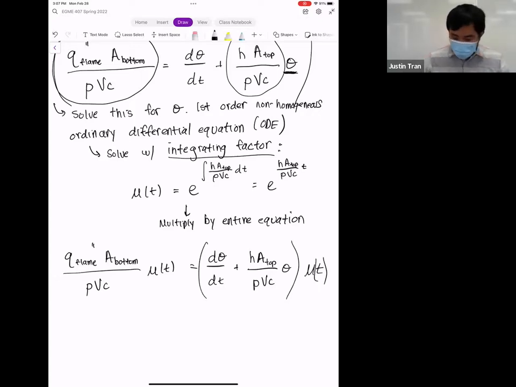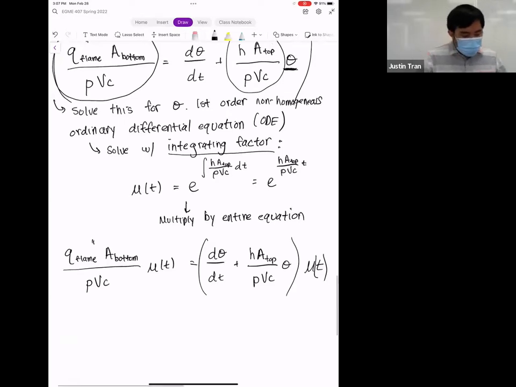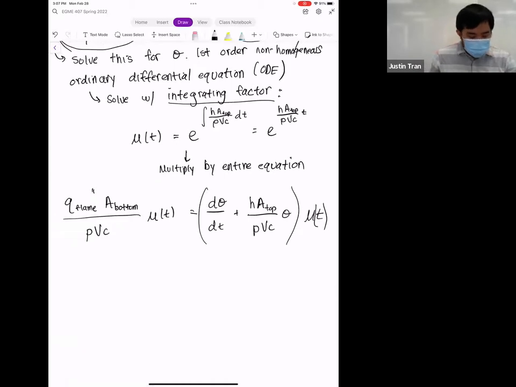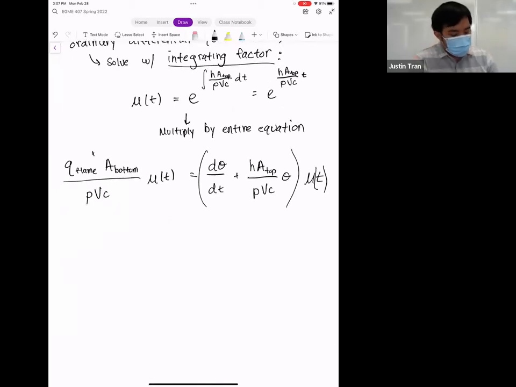Mu of T. Okay. All right. And so why do we do this, right? Why would we go through the trouble of making this integrating factor?